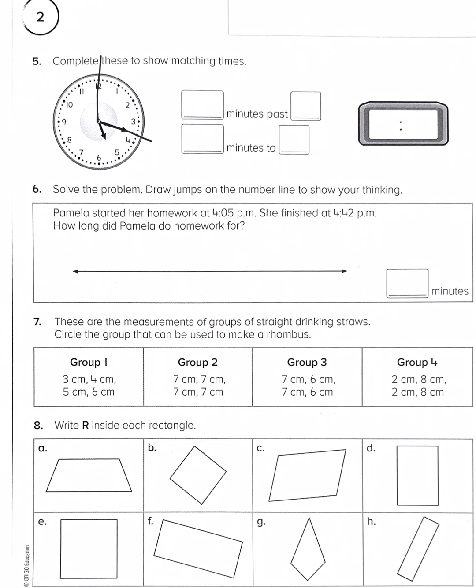And this is going to hopefully help them to realize that although there's 60 minutes in an hour, which most of them can tell me, what I'm still trying to get through to a lot of them is that the minutes past the hour and the minutes to the next hour are always going to equal 60.